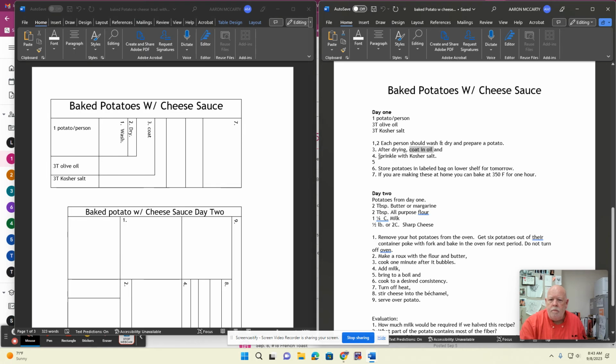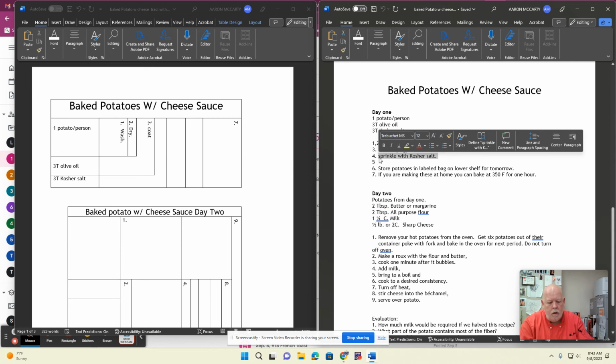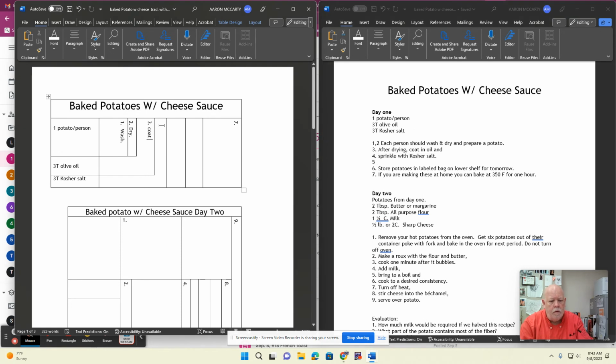Next step, sprinkle with kosher salt. I don't know why it's so hard to get my cursor in the right spot. Okay, kosher salt is here. We don't need kosher salt there.